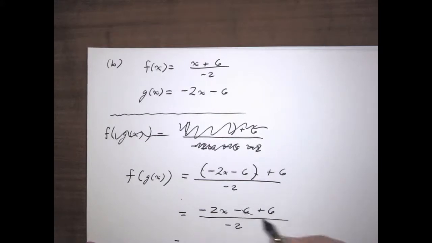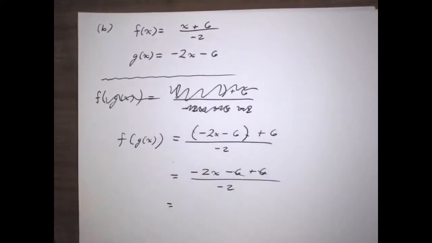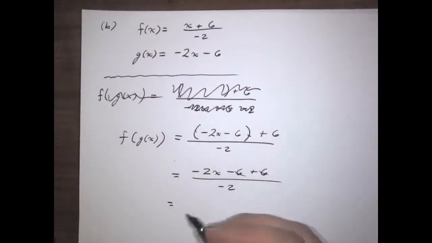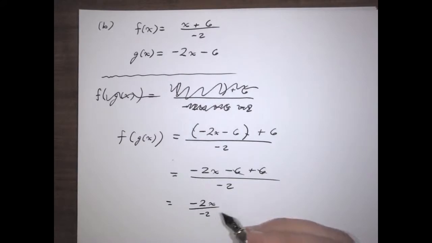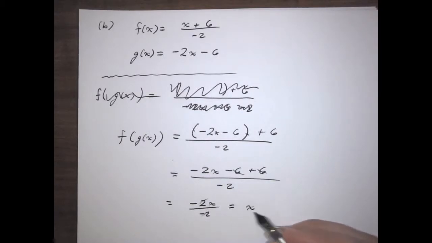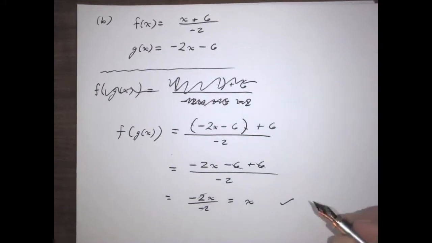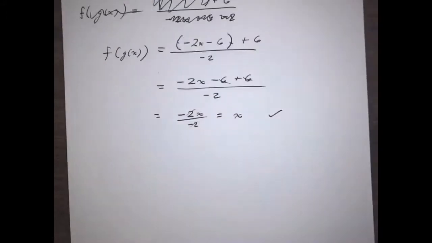Now, here it's safest to just work our way from the inside out. So we've got negative 2x over negative 2, cancel the 6's. And now we have a negative 2 as a factor of both the top and the bottom. And so, sure enough, that's just going to cancel to make an x, which is what it's supposed to be if these really are inverses.